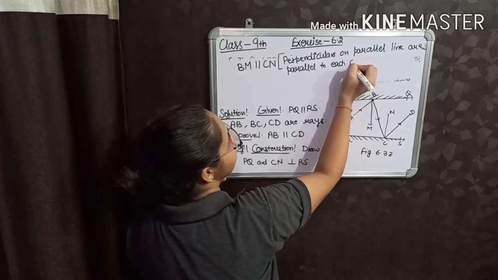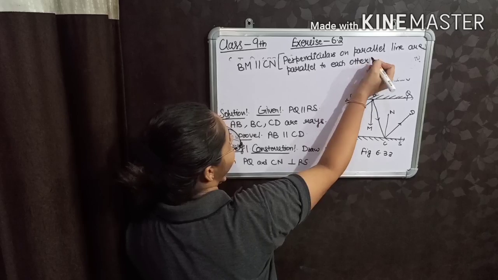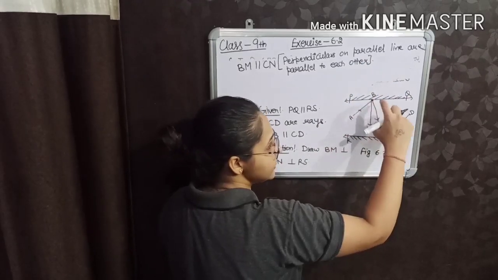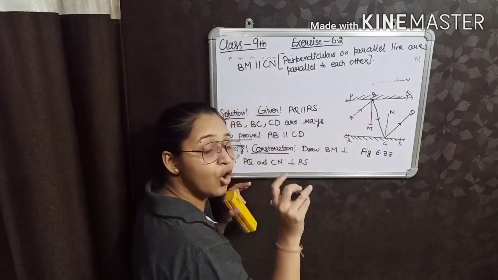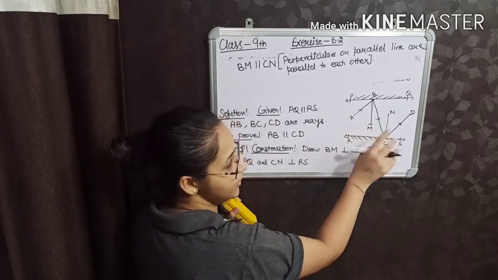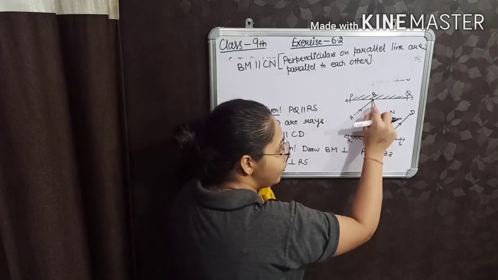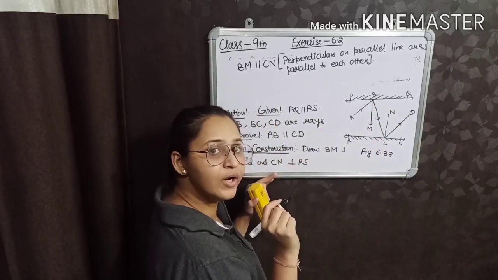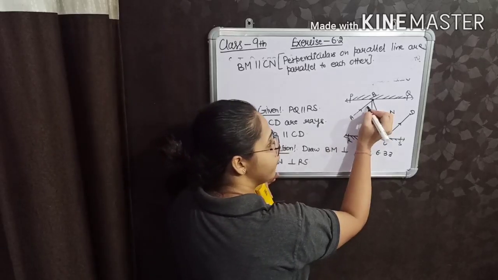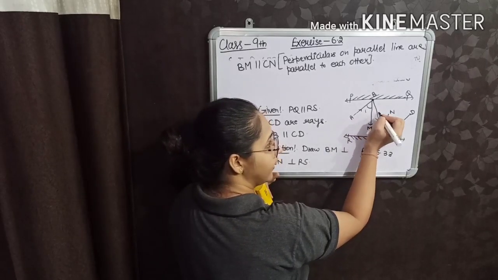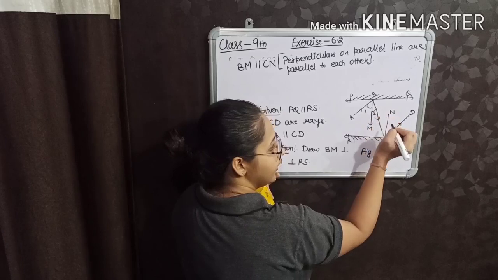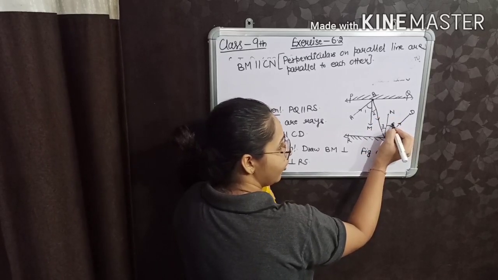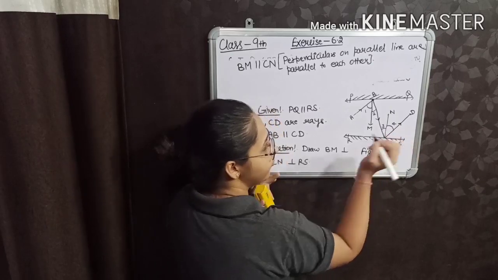I am repeating, if you draw perpendiculars on parallel lines, then these two perpendiculars will also be parallel to each other. After constructing these perpendiculars, four angles are formed. First is this, I am naming one, second, third, and fourth. These four angles are formed.